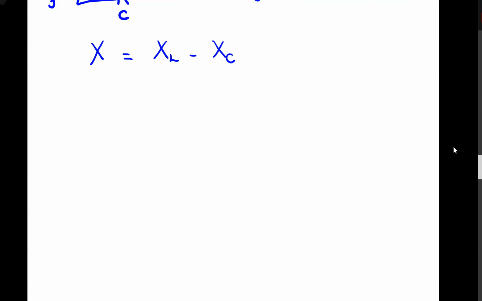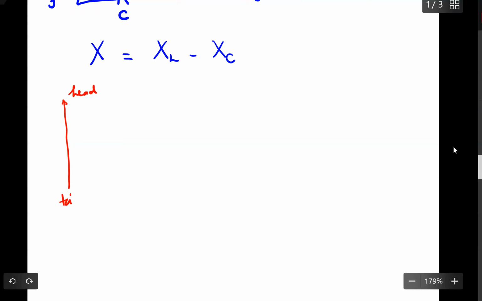So a vector is represented by a magnitude and a direction. The vector will have a head. So this is the head of the vector. This is the tail of the vector. So I want to call this vector V1.